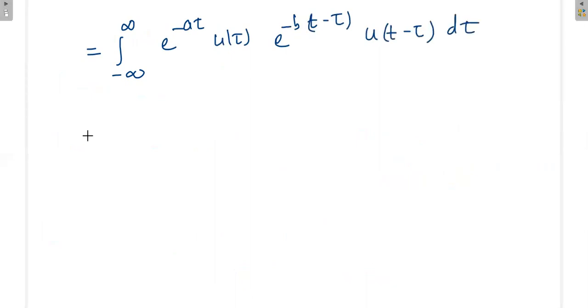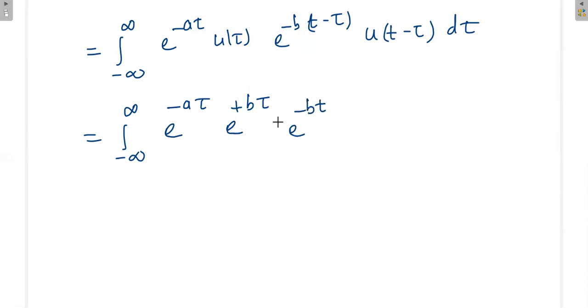The integral from minus infinity to plus infinity of e power minus a tau, e power plus b tau, then e power minus bt, and then u of tau multiplied with u of t minus tau. Now the value of u of tau and u of t minus tau is 1, but only within a certain range. So now we'll identify the ranges.